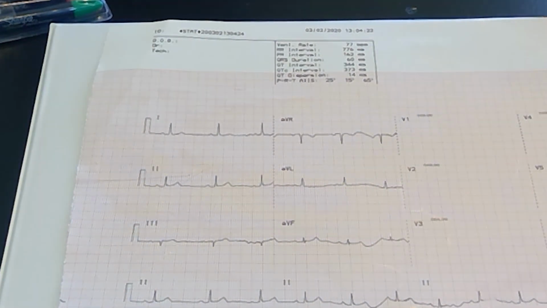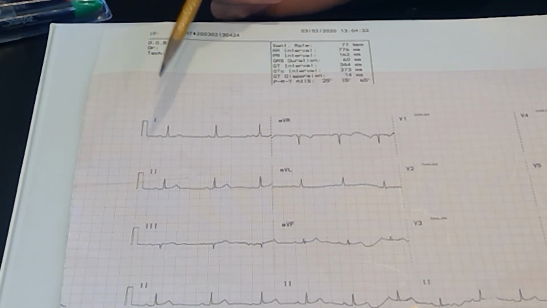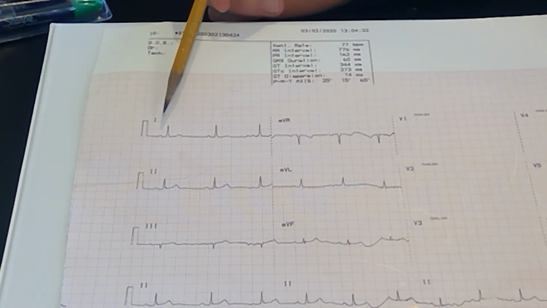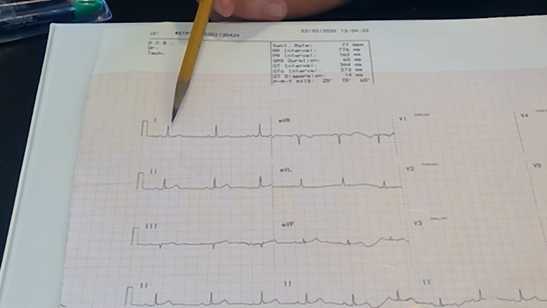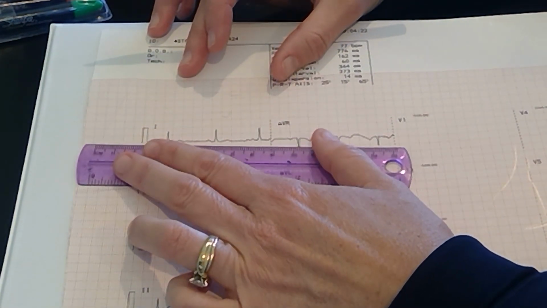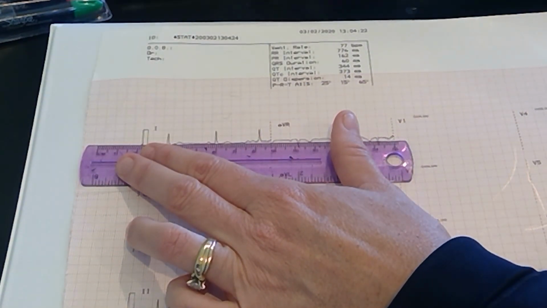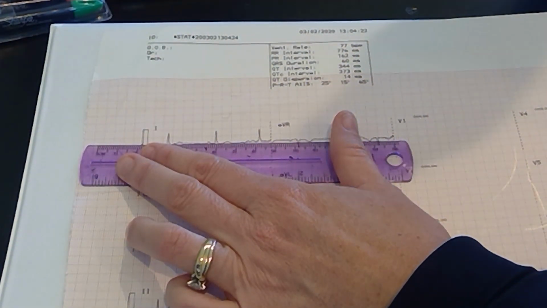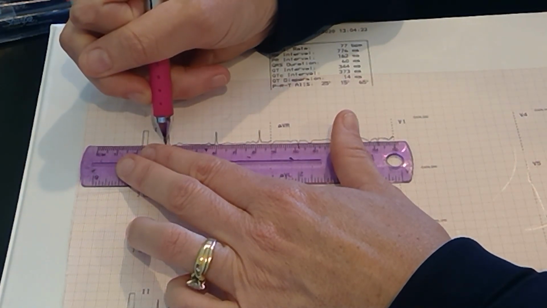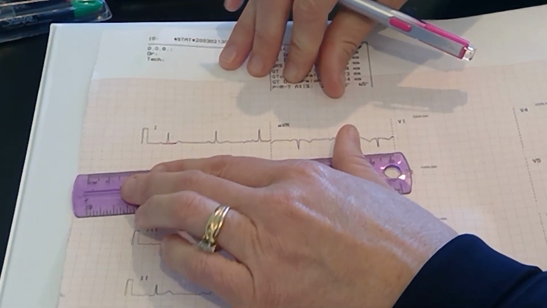The first thing you need to do is get your EKG tracing and find lead 1. Find your R. For most of you, this should be an upward or positive deflection. Take your ruler and do your best to connect the PR segment to the ST segment and draw a line connecting them.